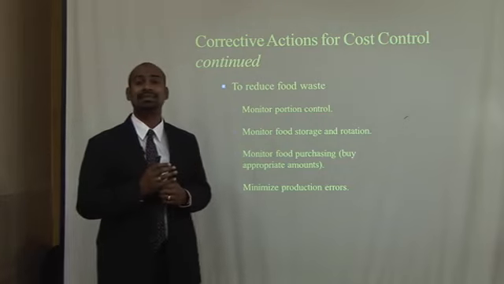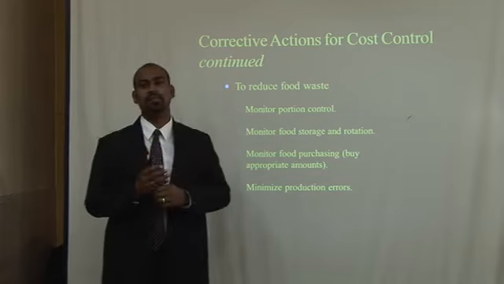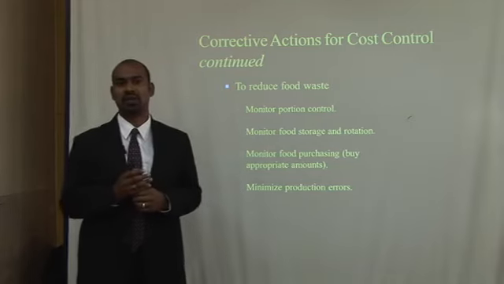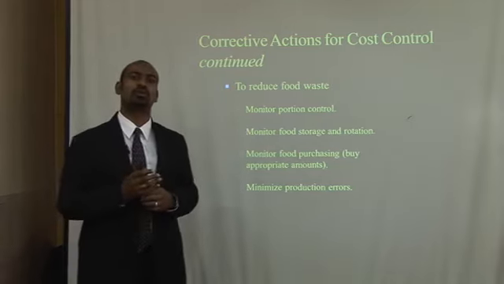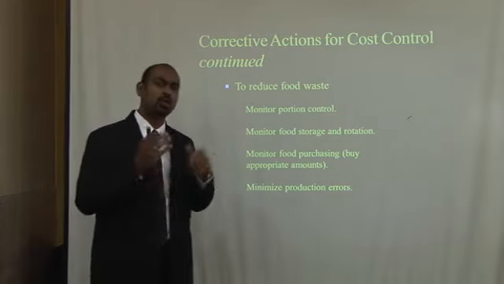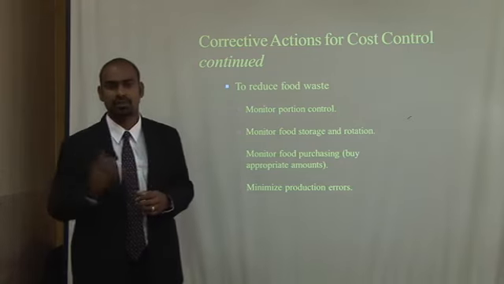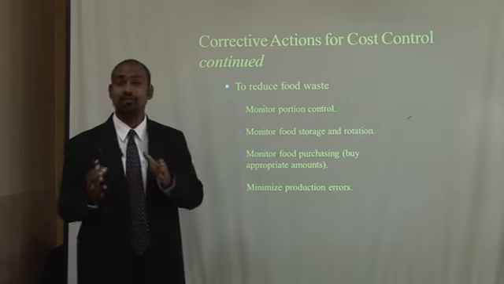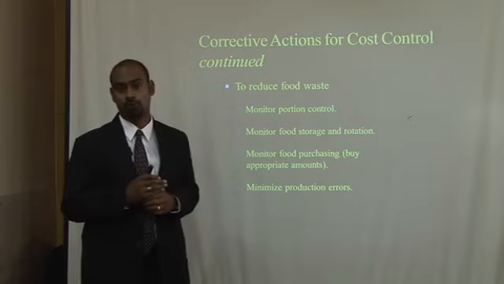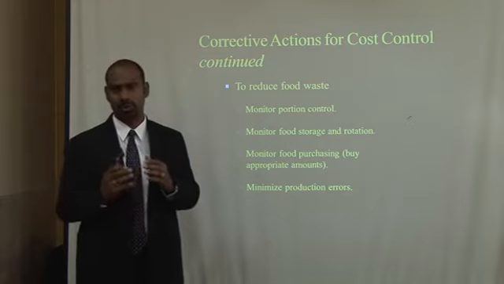What exactly is this? Whatever food you are storing, for example, if you are not using the refrigerator and you keep the food you have made outside, within a few hours that food may go to waste. So you need to see exactly where you are storing the food. At the same time, you need to rotate your food also.